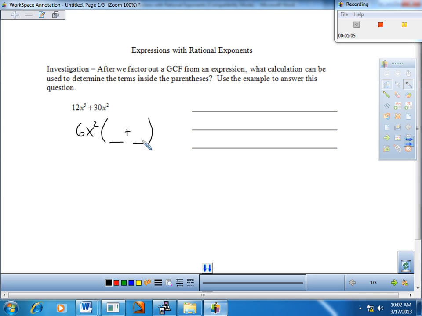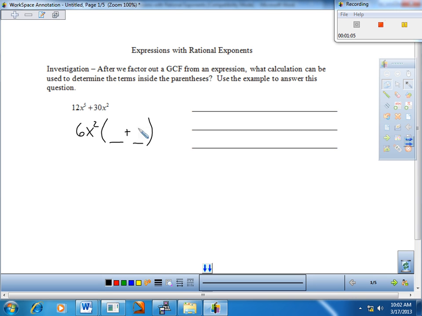When the numbers are pretty simple, you can do this without too much issue. You would say, this times something has to give me that, this times something has to give me that, and you can probably figure what goes in here. But what if you can't? How can you use what you have here to determine this right here?